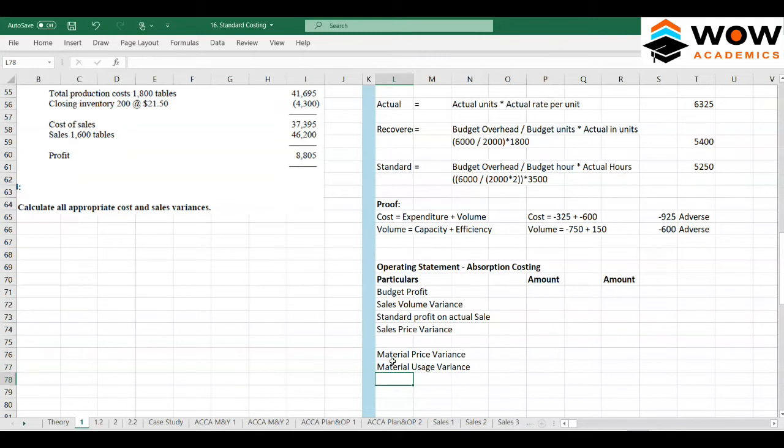Thereafter we can have the labor variances: labor rate variance, then labor efficiency variance.